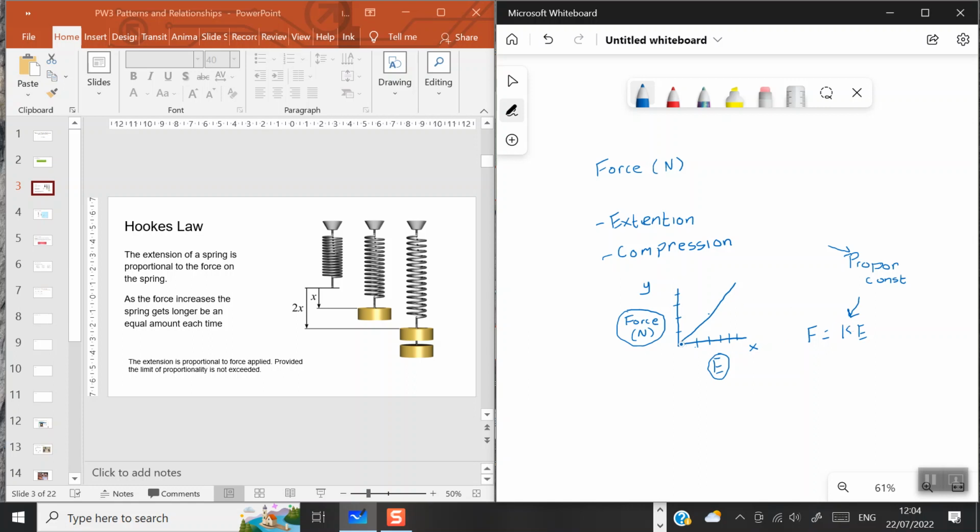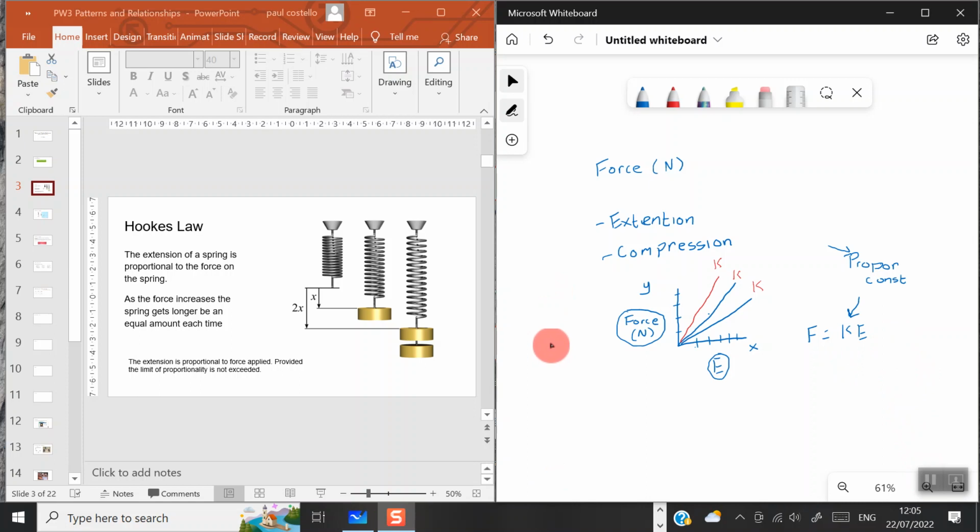Then if you try a different spring, it might have a different proportionality constant, so you could get something like that. And if you have another spring, you could get another pattern that looks something like that. All of these springs will have their individual proportionality constant, so they could extend by a certain amount depending on what their proportionality constant is.